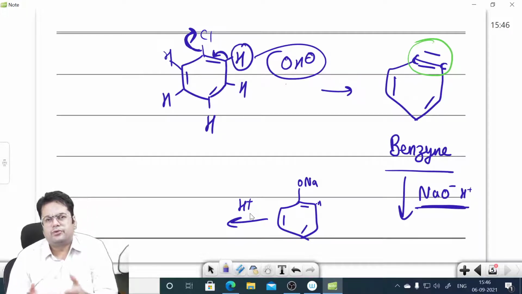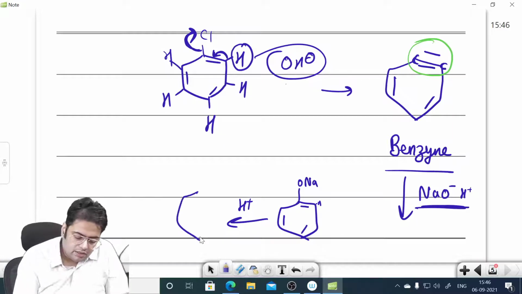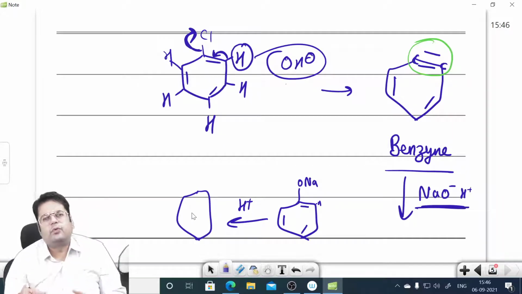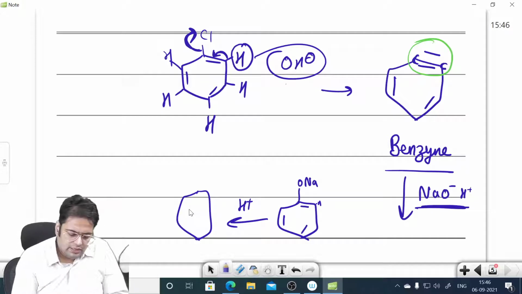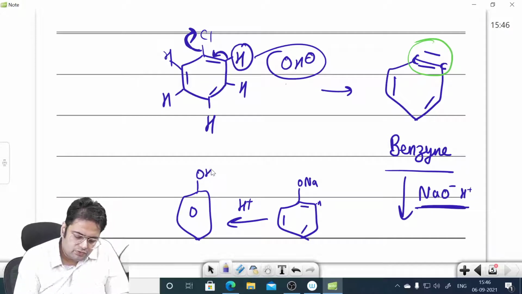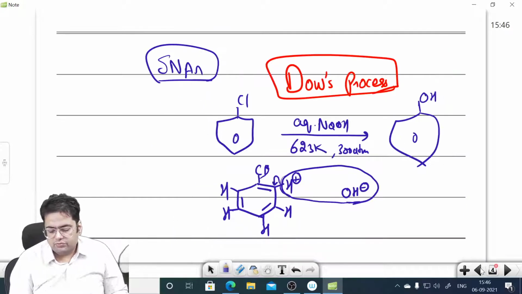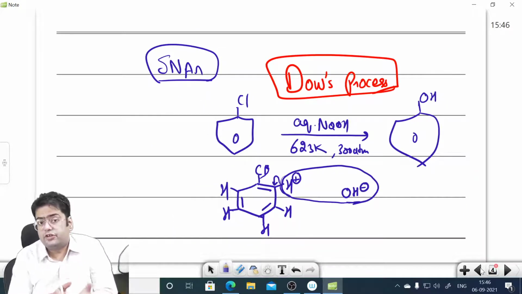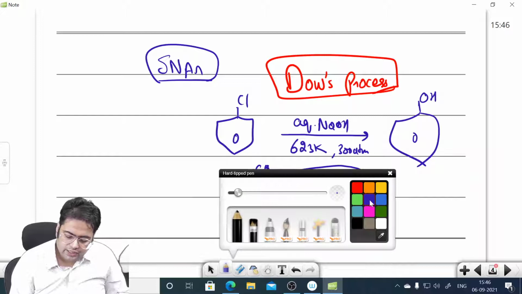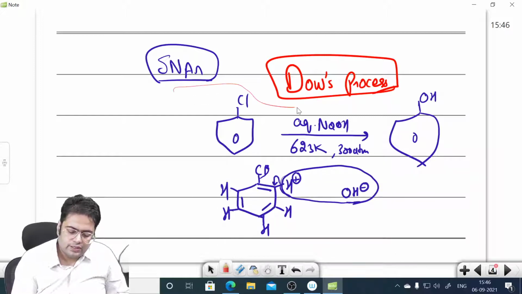Some H plus can be supplied from the water itself again, and you can provide this HCl, and finally you will get this OH. So this is the whole mechanism. This is the benzyne mechanism, which can be proposed for this Dow process. So this reaction is pretty easy from the board's point of view. This much is enough.